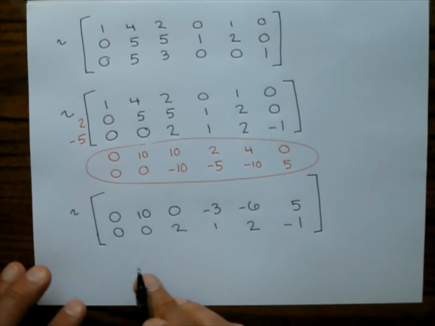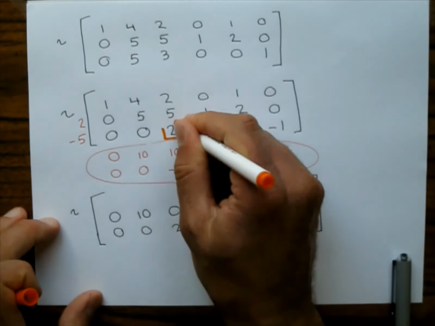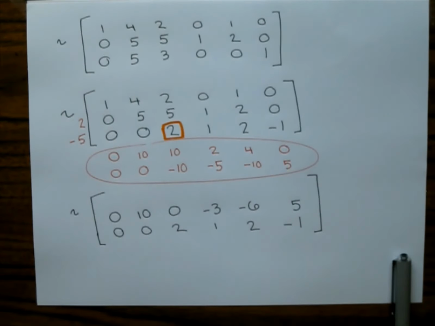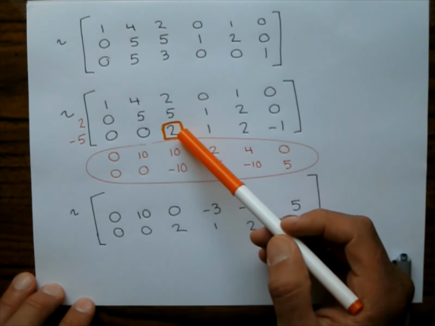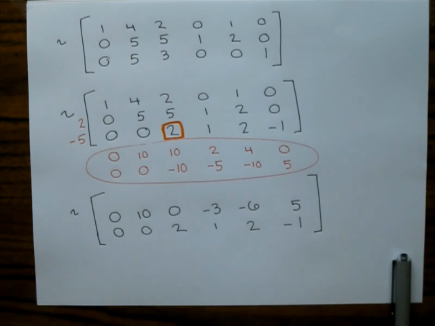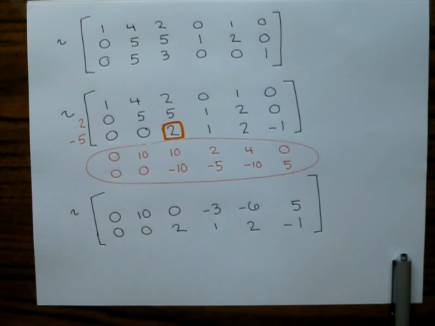The reason I waited on row 1 is I am still using, where is my orange pen? I'm still using this as a pivot. So what I'm going to do now is go row 3 minus row 1 gives me the new row 1. No, let's do that the other way. Row 1 minus row 3 gives me the new row 1.